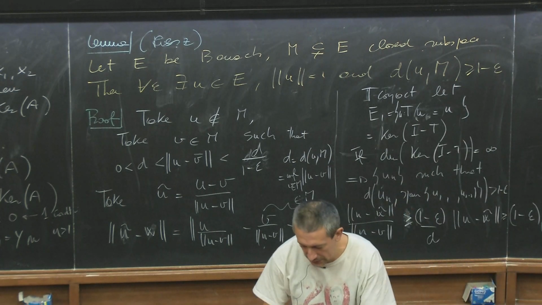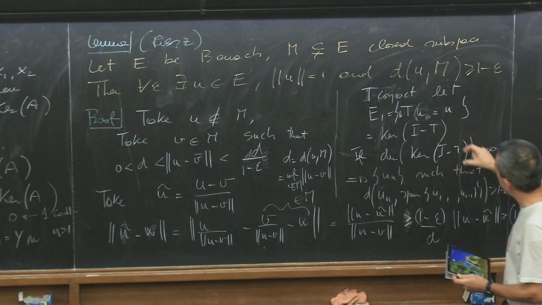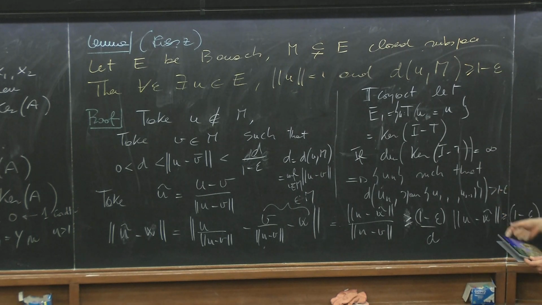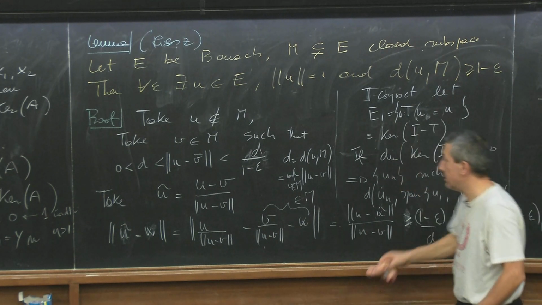So this allows us to construct this sequence of vectors to prove that the unit ball is not a compact set if the space is infinite dimensional.